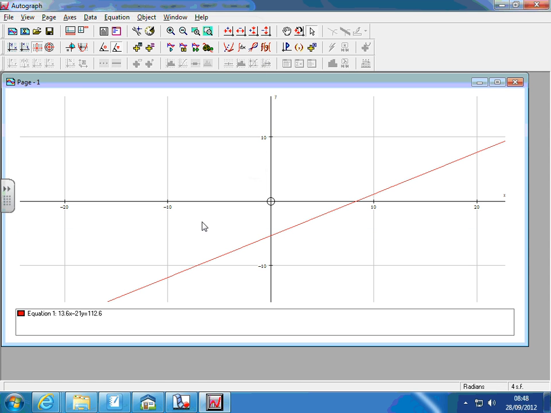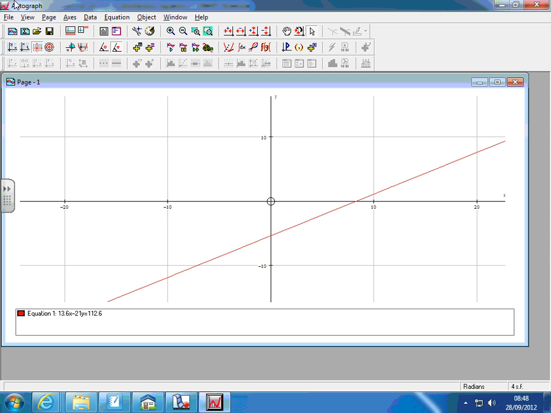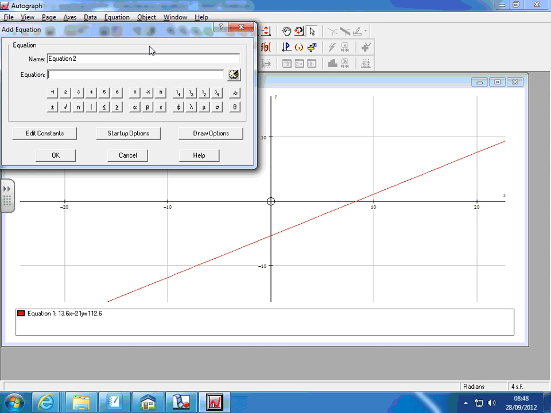Okay, so that's the first function plotted. Now what we're going to do, plot the second one, and we're just looking for where they cross. And that will be the solution. So the second one was 10.9x plus 3.8y. So enter another equation, forgotten already.